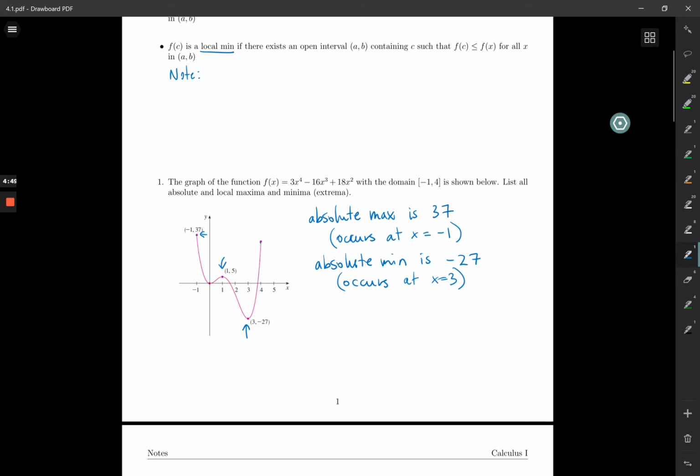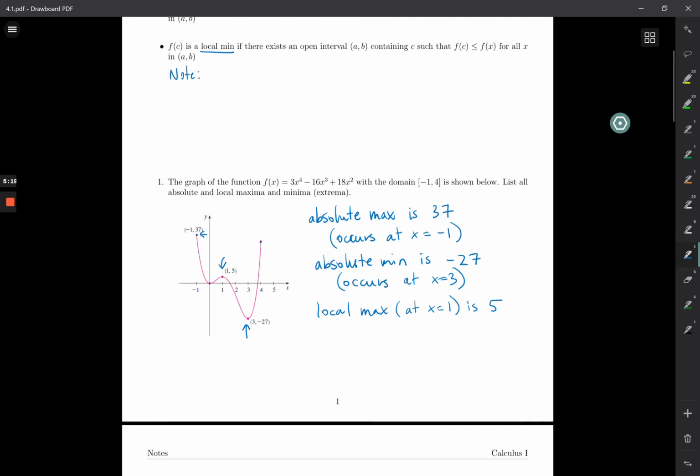It's not the highest value overall, but it is when we just focus our attention around that point. Okay, so we have a local max, and it occurs at x equals 1, and it is 5, right? So the value of the function there.